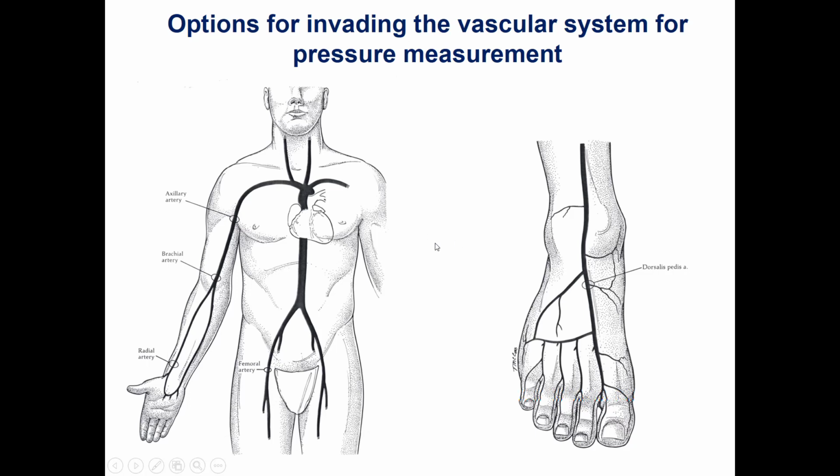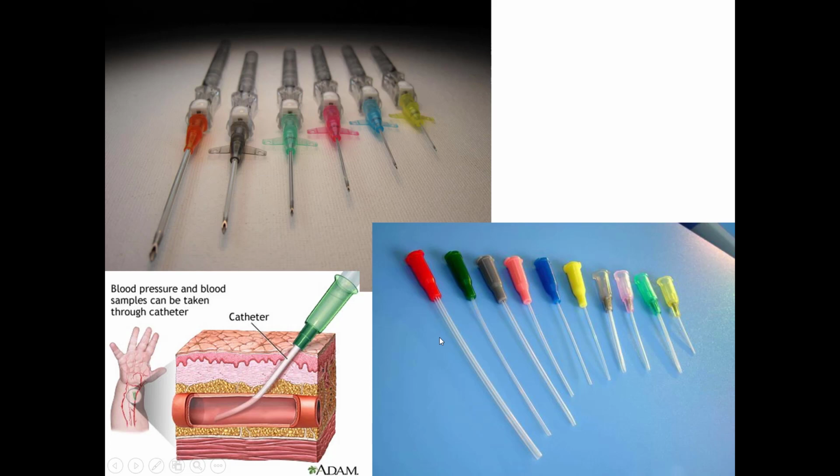In this slide, we see the different access sites in order to measure the blood pressure invasively. We use catheters with different sizes. As we can see, they have different lengths and different diameters with different colors. The blood pressures and the blood samples can be taken through the use of this catheter.